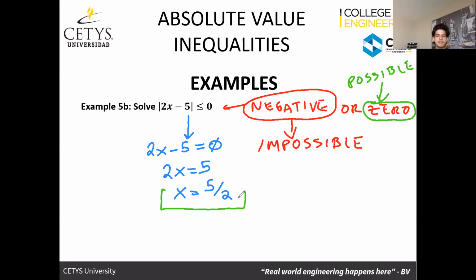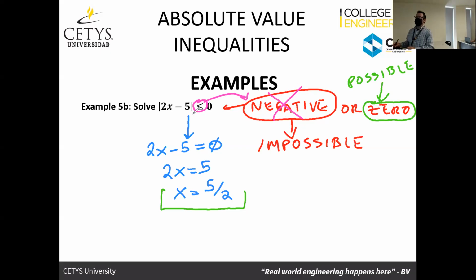Teacher, why did the sign turn into an equal sign? Okay, because the original inequality says that we're looking for values that make the absolute value negative. Now, we had just mentioned that an absolute value can never be negative. So the original says less than or equal, which is negative, and this can never happen.